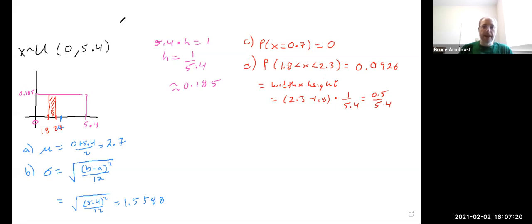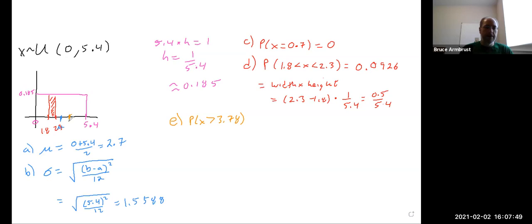And we're going to see that play out with this next one. So the next one, this was part E, I guess, if I'm keeping track properly. It said, what's the probability that you have to wait at least 3.78 seconds? All right, so it's going to be a probability that x is greater than 3.78. Well, we can do the same thing.